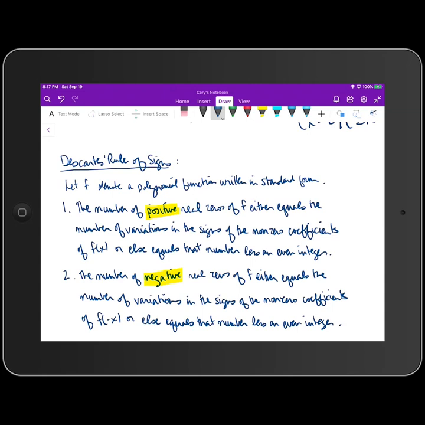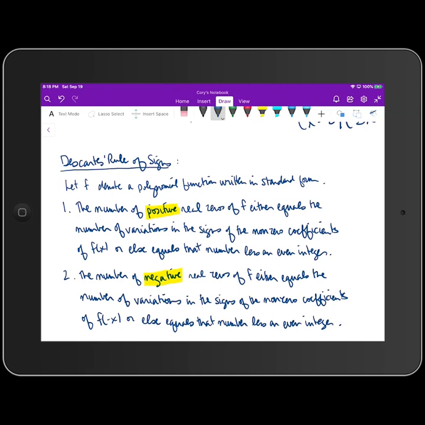Number 1 says the number of positive real zeros of f either equals the number of variations in the signs of the non-zero coefficients of f of x, or else equals that number less an even integer.